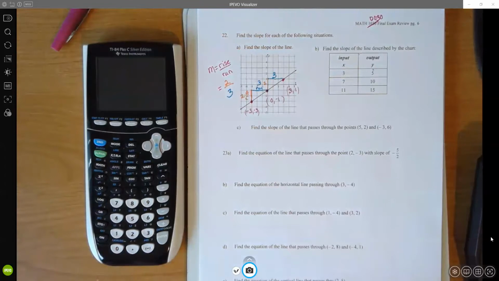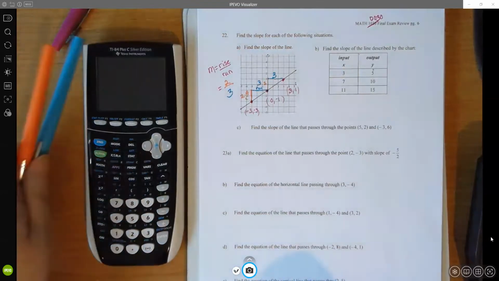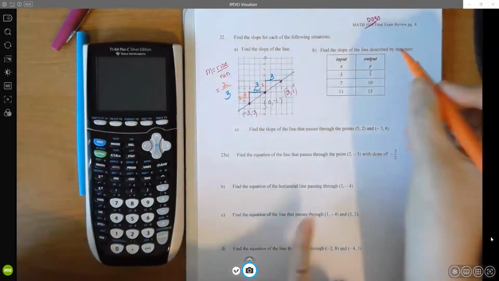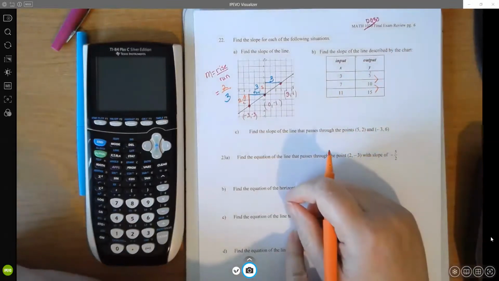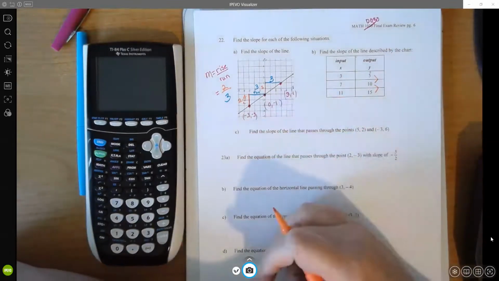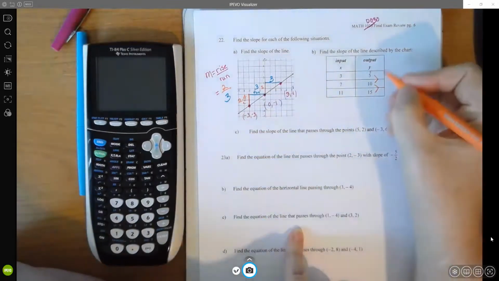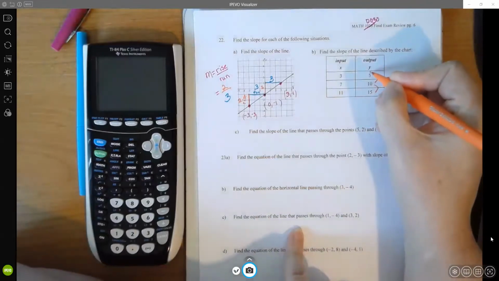When we're finding the slope of a line described by a chart or a table, we have our input and output, and we can do that by finding the difference. I'm simply going to subtract the difference between each pair of numbers. I could take any pairs and that would work, but I'm just going to say 10 minus 5.